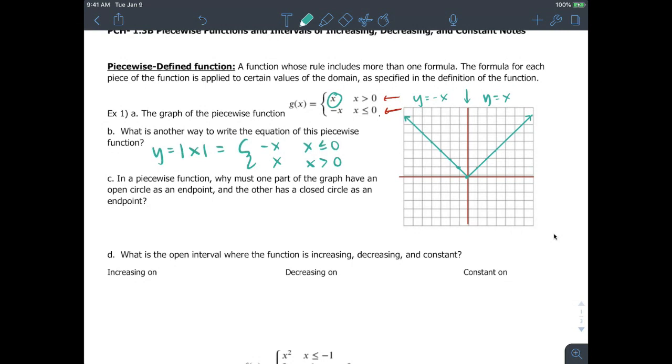How come we can only have the equal sign on one part of the line, even if it's continuous? Well, on the left-hand side, the graph approaches 0, and then at x equals 0, the point is defined. Technically, on the right-hand side, there's an open circle here. And we do that because if both of these pieces had the equal sign, the function would not be a function.